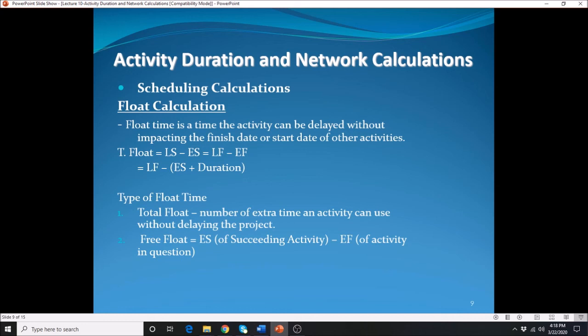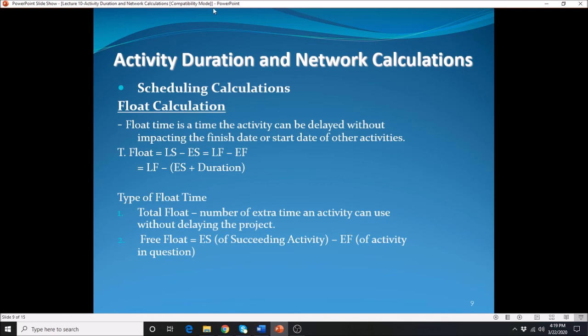So take note of that. Total float, without impacting the duration of the entire project. The free float is the amount of time that you could delay a given activity without impacting the duration of the succeeding activity. So the total float, entire project; free float, without impacting any succeeding activity.